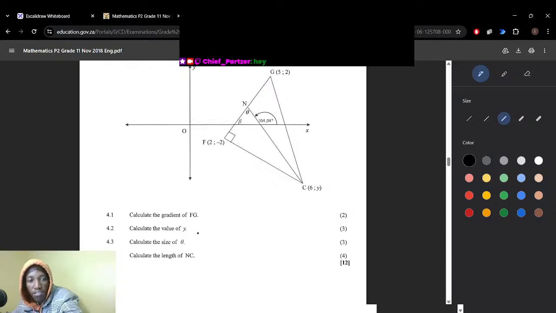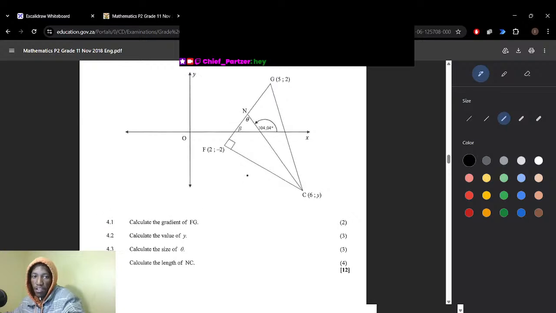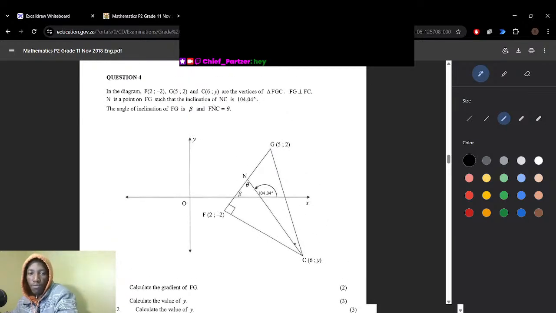Okay, let's go to 4.2. I think I have figured out how to answer 4.2. You see what I meant when I said move on to the next questions; maybe the approach for the previous question will appear. The approach on how to answer 4.2 has just appeared in my brain. So how can we actually answer 4.2?